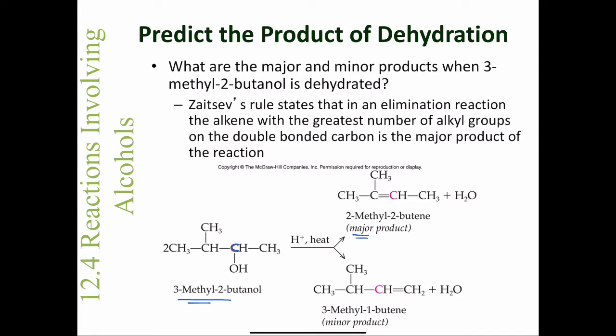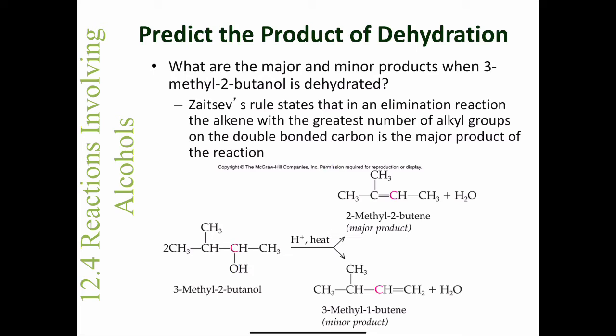So let's start with the one on the left here. I have to remove the OH for my water molecule, and I need a hydrogen as well because water is made from H2O. So if I remove this hydrogen that I'm circling in blue, I would draw the double bond in between these two carbons that I have highlighted in blue, and I would end up with this product, 2-methyl-2-butene.